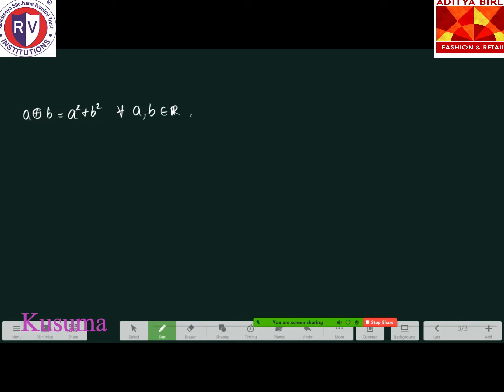Then the options given are A is 182, B is 185, C is 181, and option D is 184.